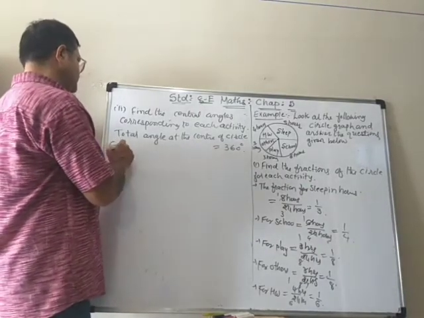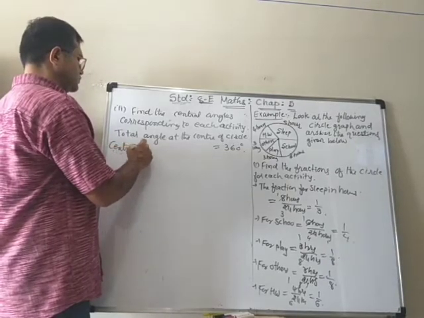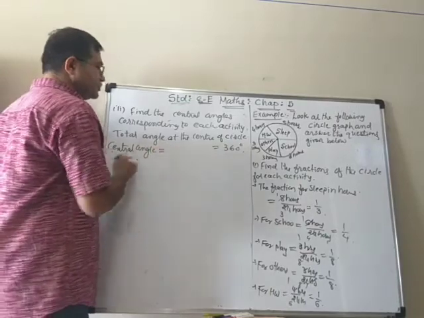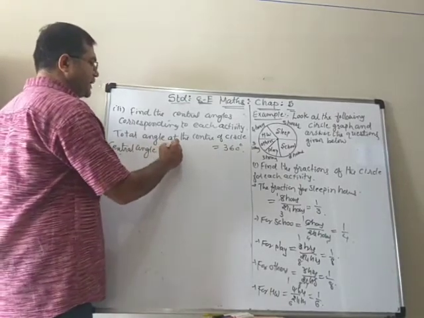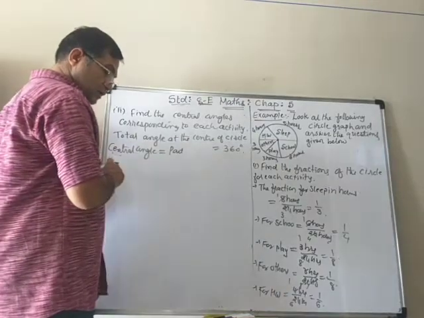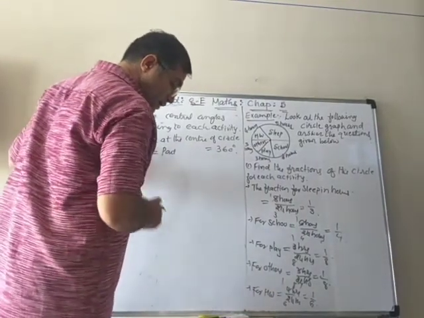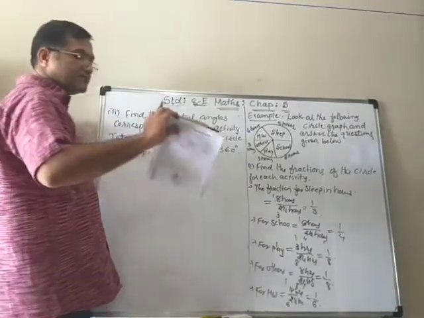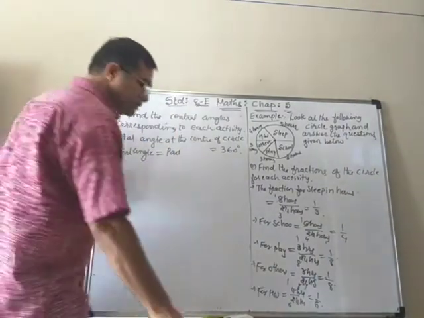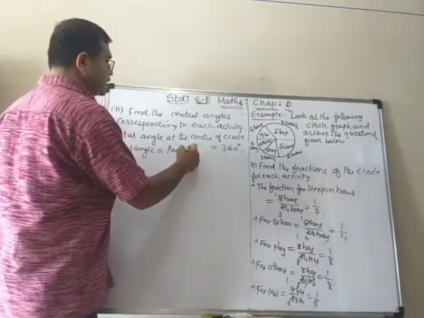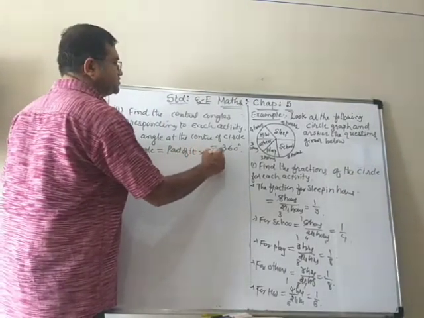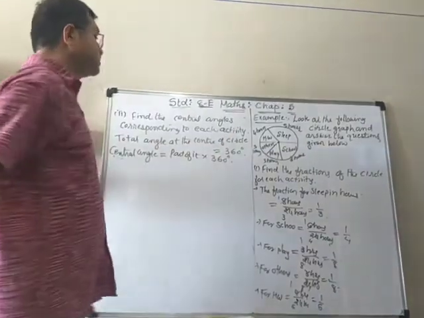Central angle. We will put the formula like that: whatever the part is there, we have to take that part of the 360, that is, part multiplied by 360 degrees.